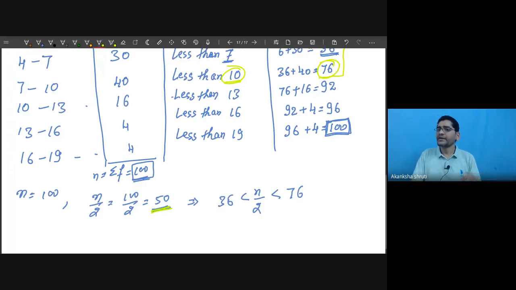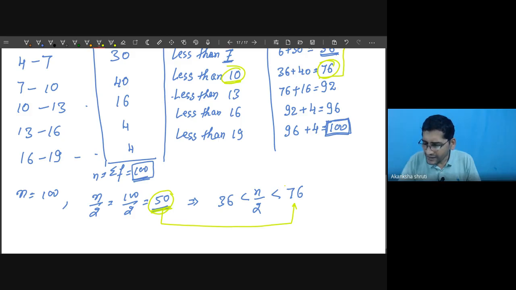Or if you do not want to break your head, then after this 50 you have to get the interval whose cumulative frequency is just greater than this 50. It is our 76.